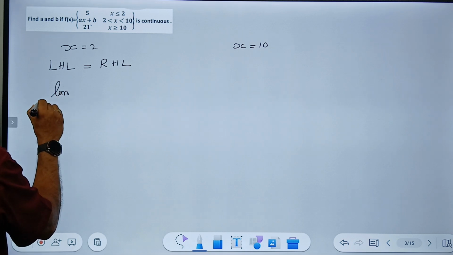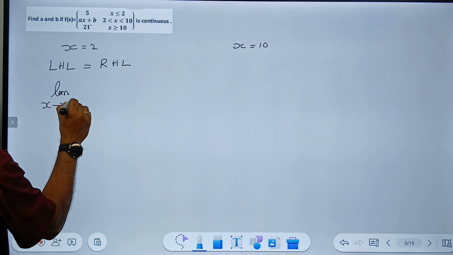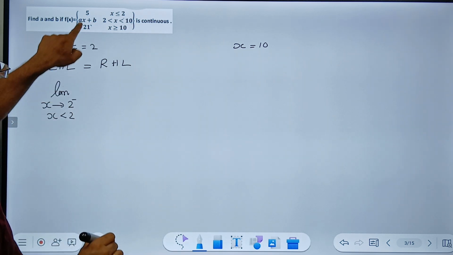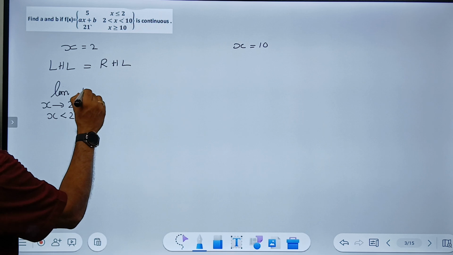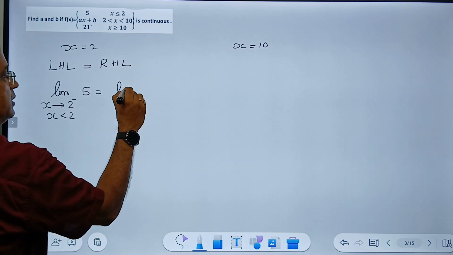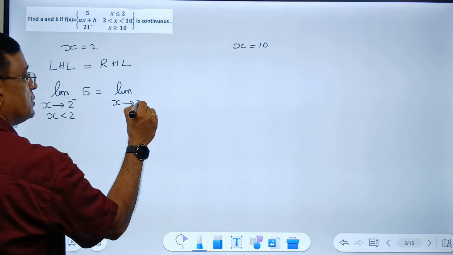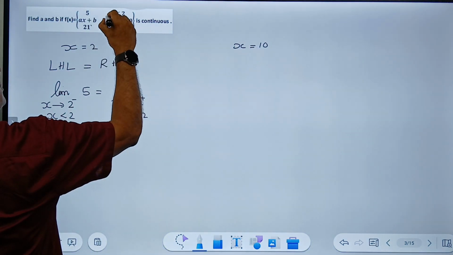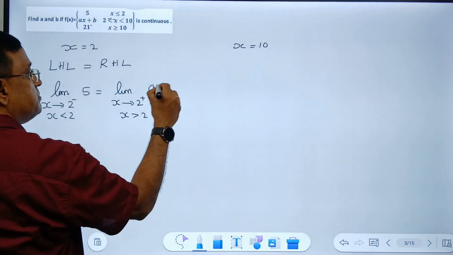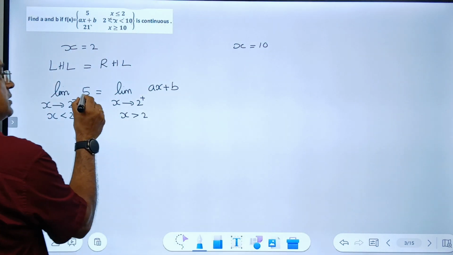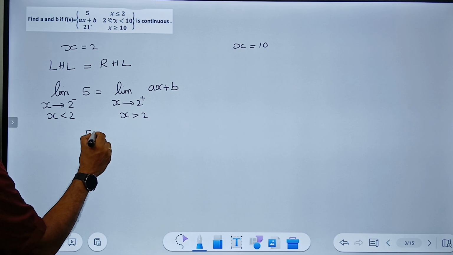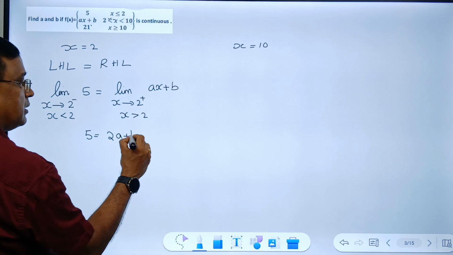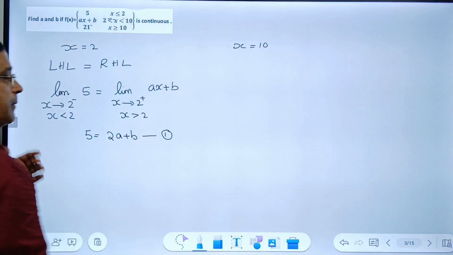Limit as x approaches 2 minus. 2 minus means definitely less than 2, so I will be using the function 5. For the right hand limit, it is limit as x approaches 2 plus. 2 plus means x is greater than 2, so I will be using ax plus b. Since 5 is independent of x, the left hand limit is 5, and in the right hand limit, by direct substitution, I get 2a plus b, which is equation number 1.